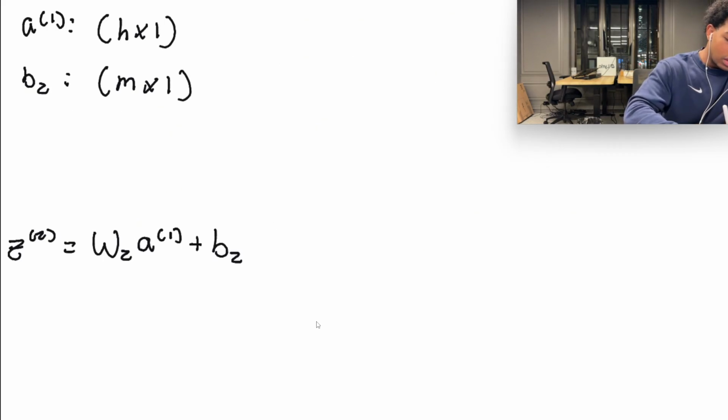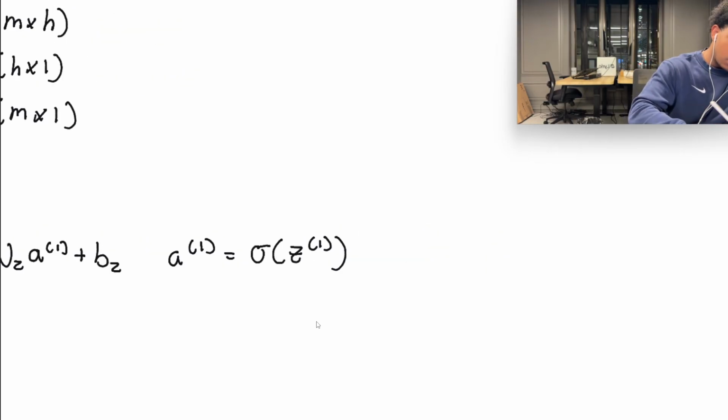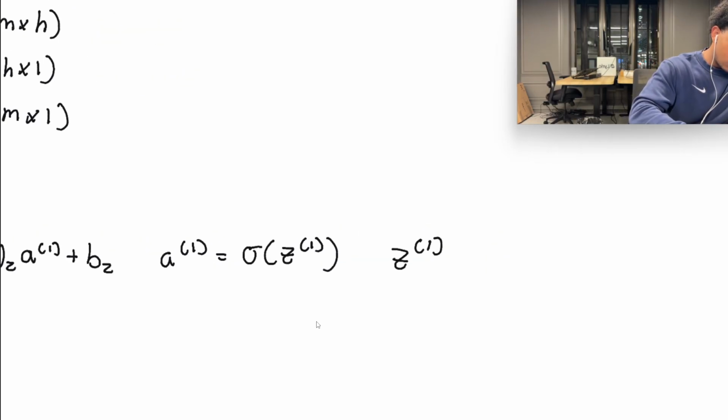What's next is a of 1 equals sigmoid of z of 1. And then z of 1 equals w1 x plus b of 1.